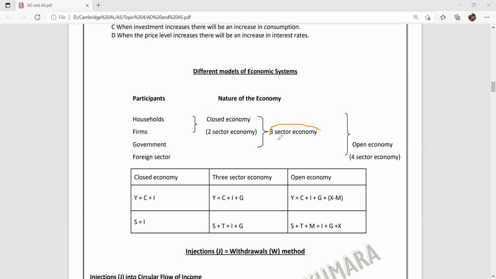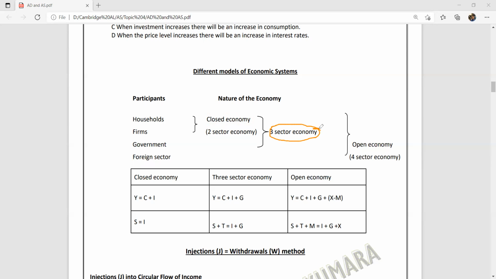Three-sector economy: households, firms, and government. There are hardly any countries like this, when we look at command economy, it's very rare even nowadays.